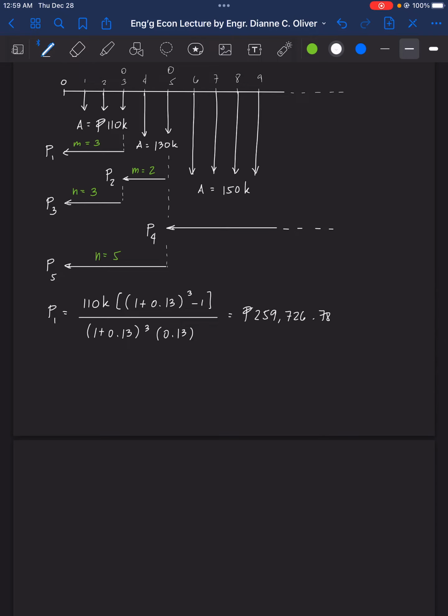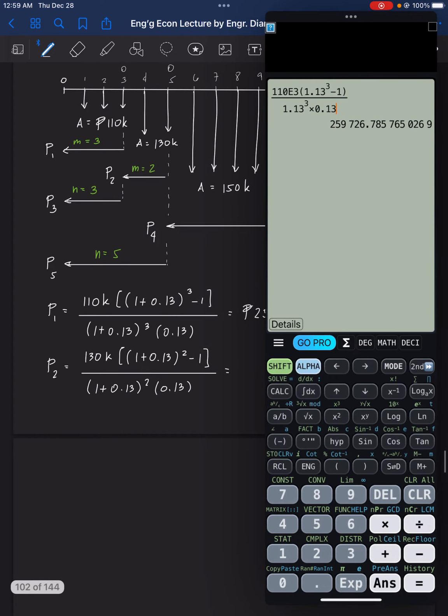Then we have our P2. So here is our P2. P2 is 130K, 1 plus 0.13 raised to 2. And then we have, so this is a deferred annuity, but we will just solve it separately. Let's change it to 3.